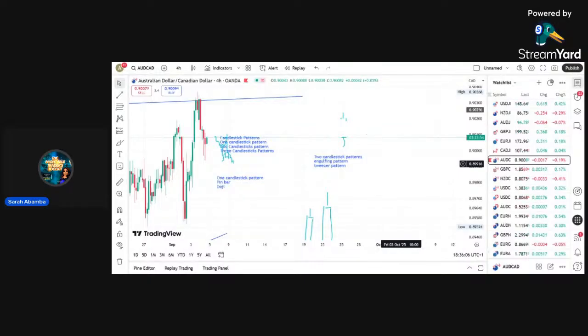The first condition for the engulfing pattern is that the first candlestick must be a bearish candle, that is, a red candle, while the second candlestick must be a green candle. This is what qualifies it to be called a bullish engulfing pattern.